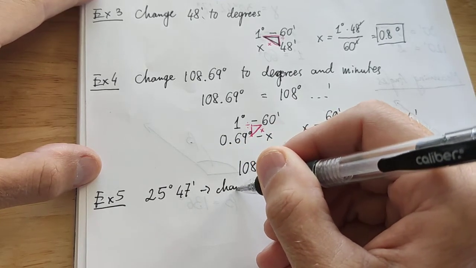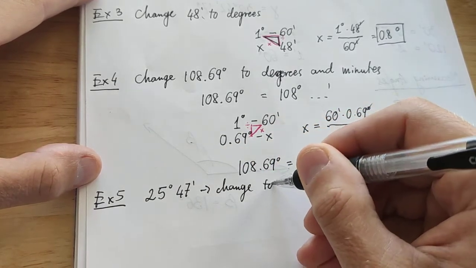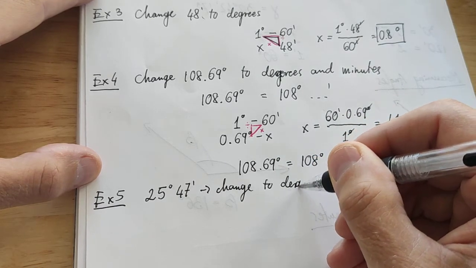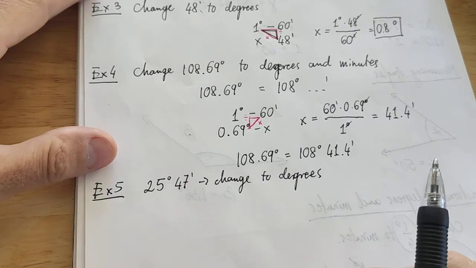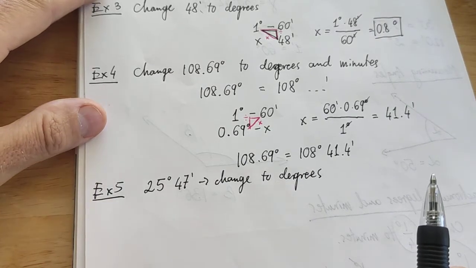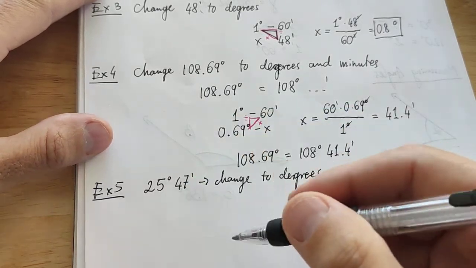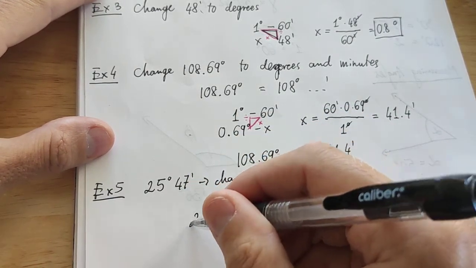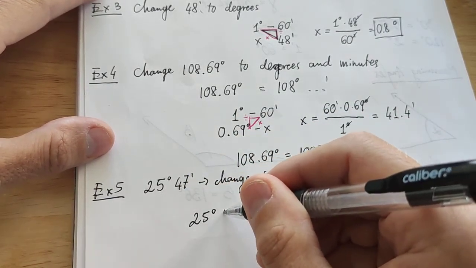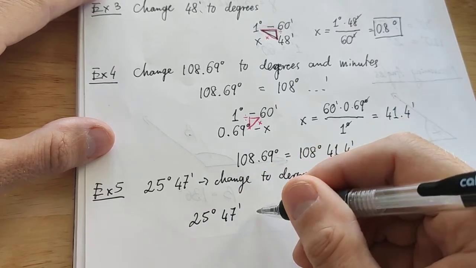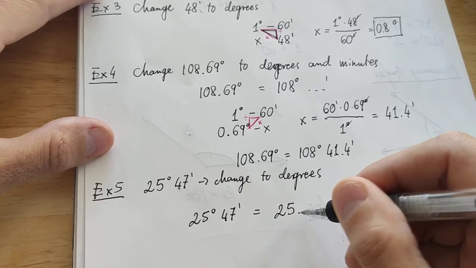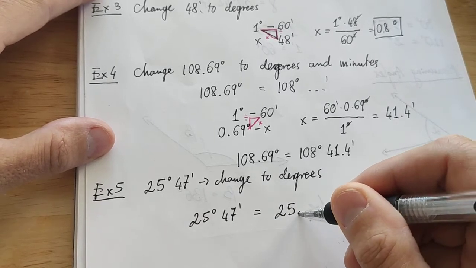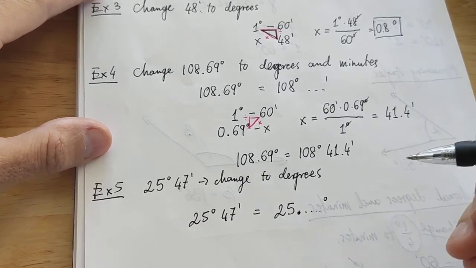So change to degrees, so that we can, for example, use it in the calculator. Okay, so this time, right, I have 25 degrees and 47 minutes, and when I get my answer, I'm going to get 25 point something something something degrees.